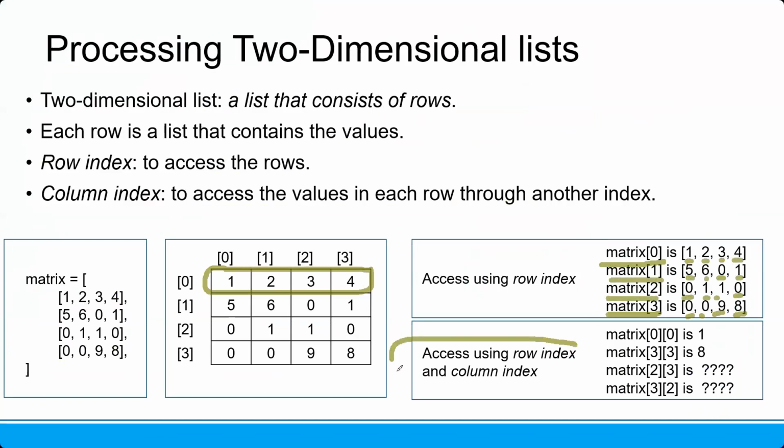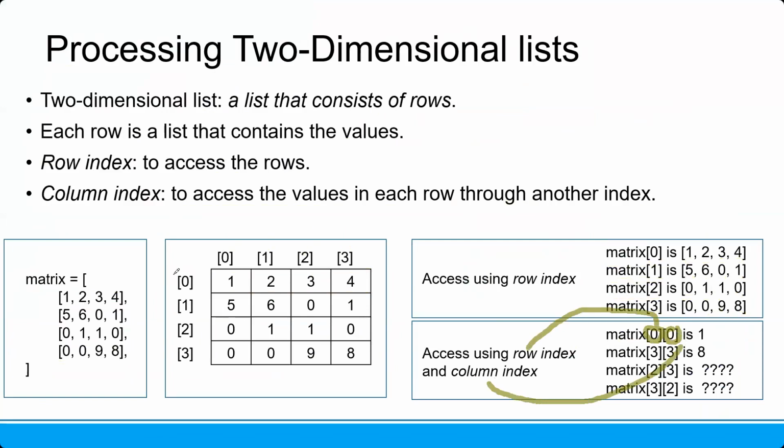If I want to access using row index and column index, so this is the row index, and these are column index. So if I have matrix with the square bracket 0 and another square bracket 0, this is the index of row, and this is the index of column.